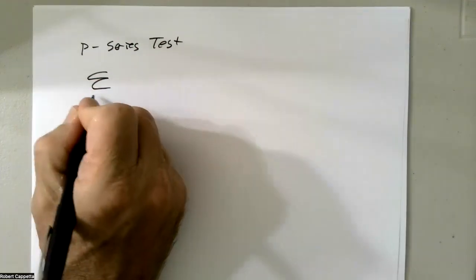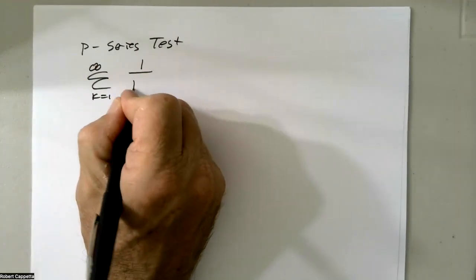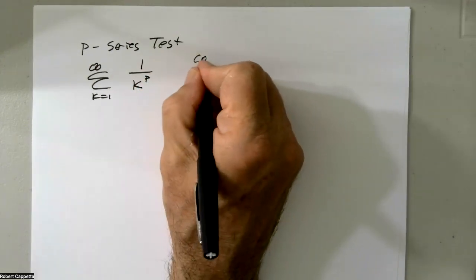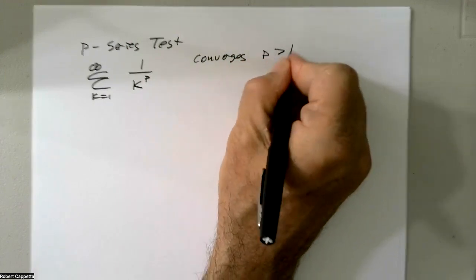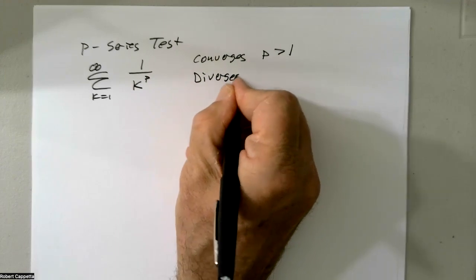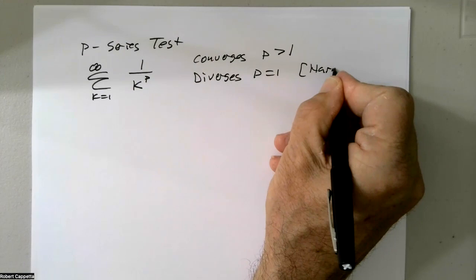The sum as k goes from 1 to infinity of 1 over k to the p converges when p is bigger than 1. It diverges when p equals 1, and that's our example that we call the harmonic series.